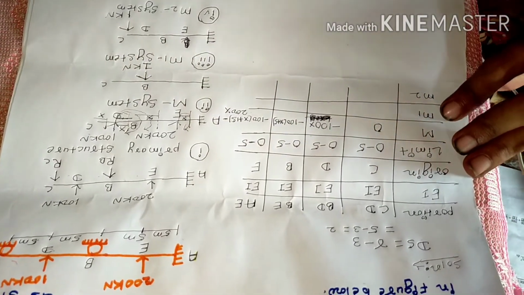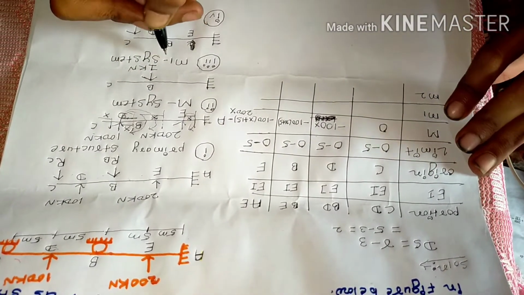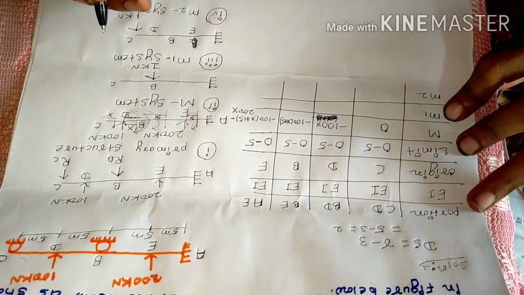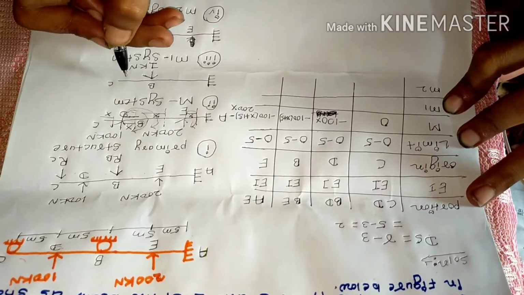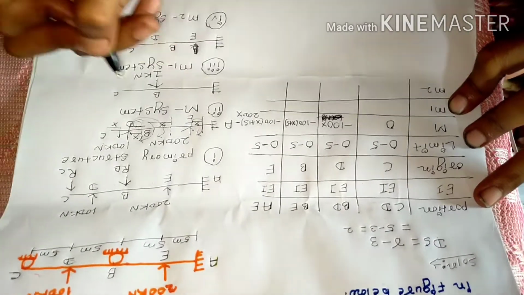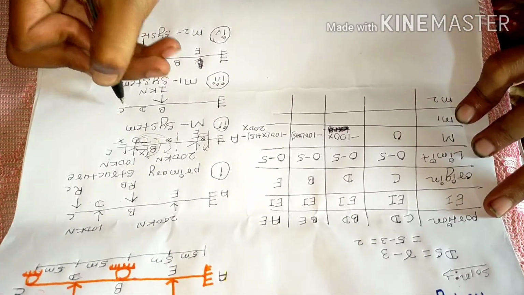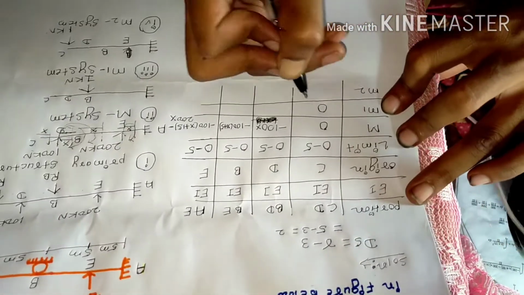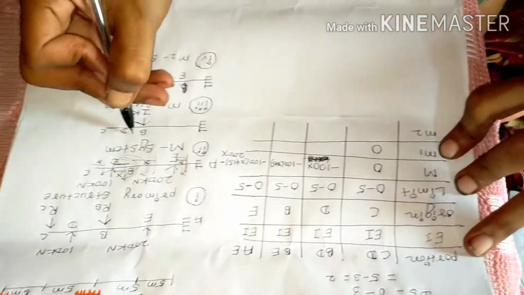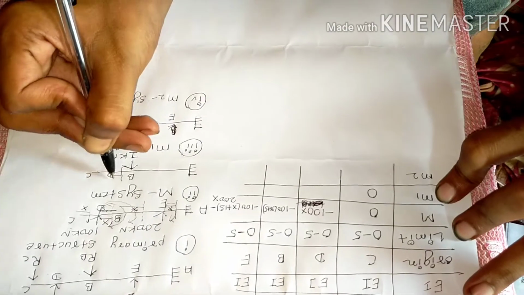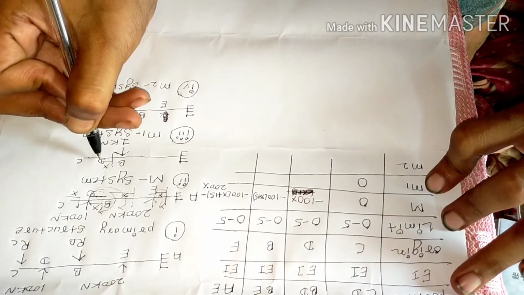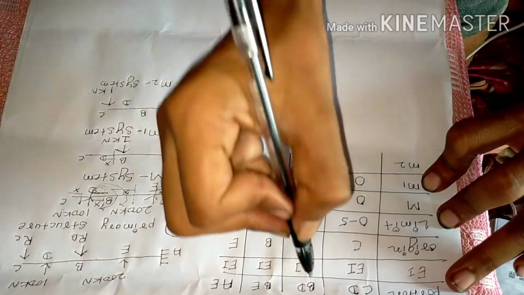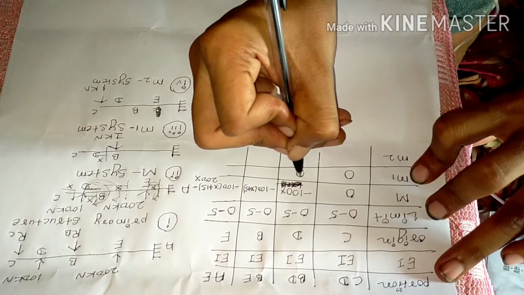Now let us analyze the M1 system. In the M1 system, let us analyze portion wise. In the figure, this is BD. In portion BD, there is no force acting, so in portion BD moment is 0. Also let us take a section at a distance of x from the origin D, and in portion BD there are no forces acting, so for portion BD moment is also 0.